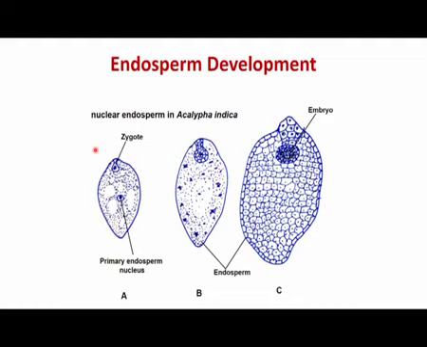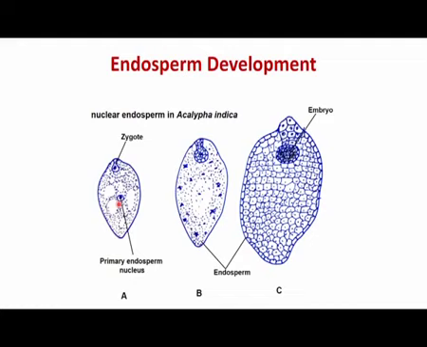In this case, the primary endosperm nucleus, which is triploid, is present in the embryo sac. In nuclear type endosperm development, the primary endosperm nucleus divides by multiple mitotic divisions without forming the cell wall. So, multiple nuclei are formed without forming the cell wall, which results in the formation of a large number of free nuclei in the central cell of the embryo sac.